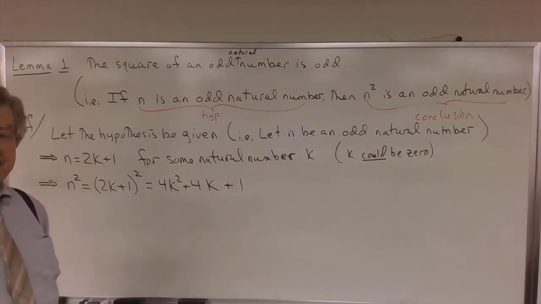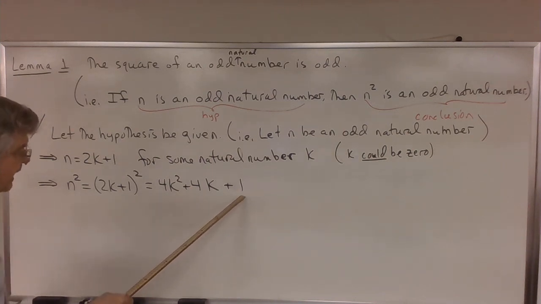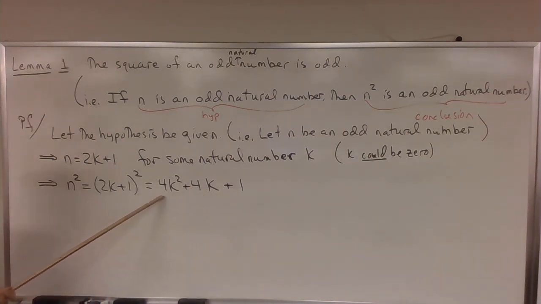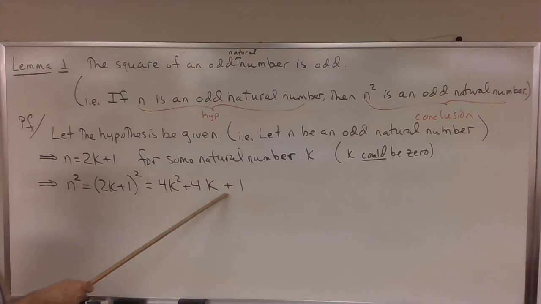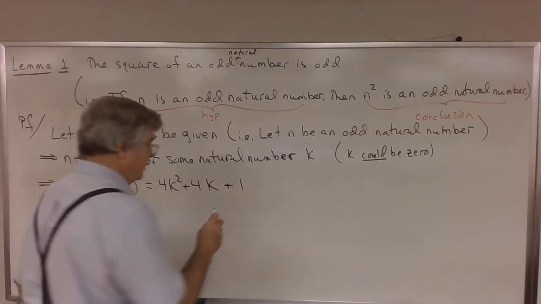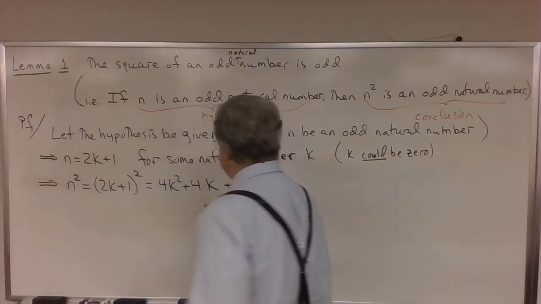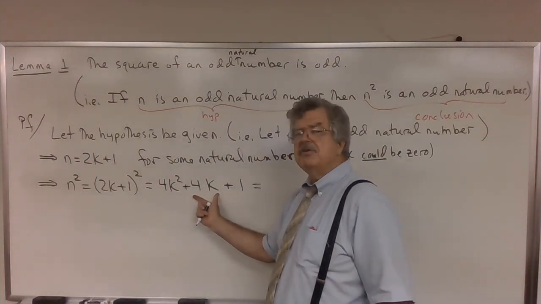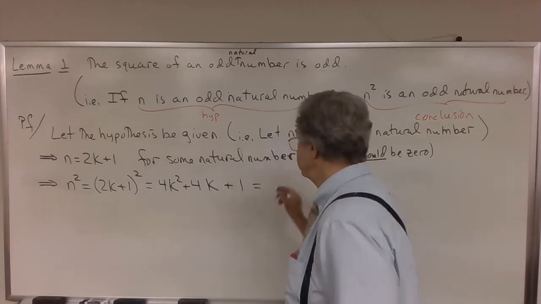I want to show that it's odd, which means that I have to show that this thing looks like 2 times some natural number plus 1. Can I do that? I need to show that this looks like 2 times something plus 1.